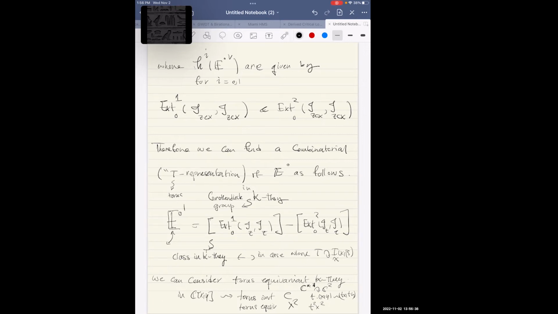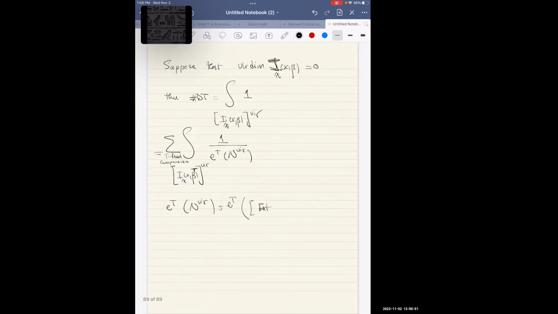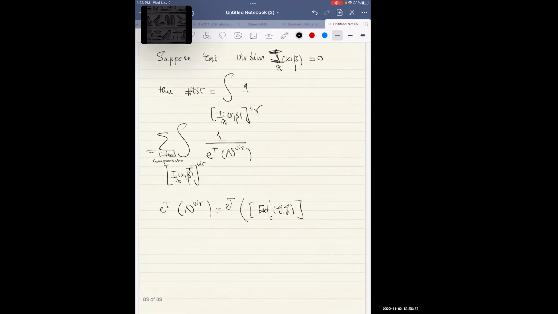Equivariantly, the class of E dot in K-theory is exactly equal to the virtual normal bundle. That's what it means, difference of classes. So you can just basically put this right there, the T-equivariant K class of it minus X2 I, the T K-theory.